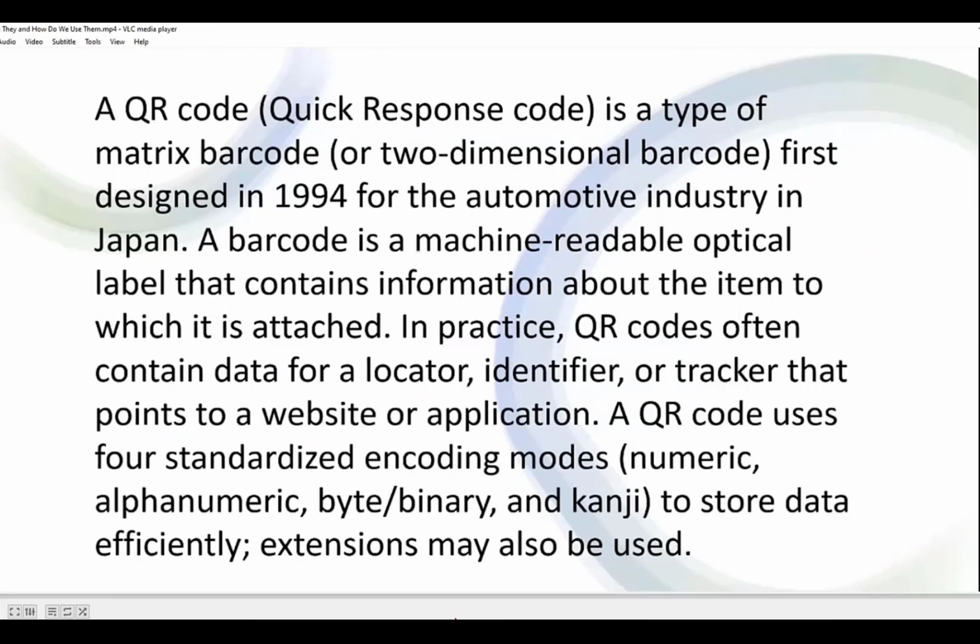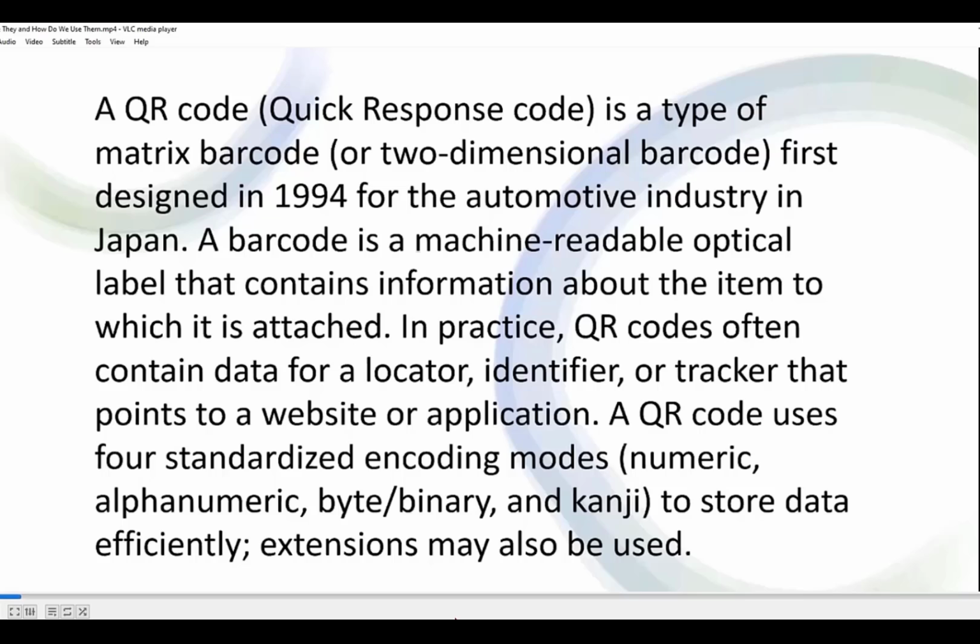A QR code, or quick response code, is a type of matrix barcode or two-dimensional barcode, first designed in 1994 for the automotive industry in Japan. A barcode is a machine-readable optical label that contains information about the item to which it's attached.